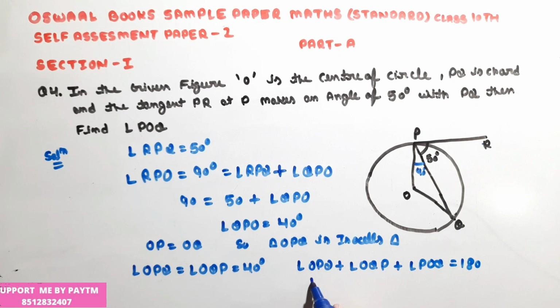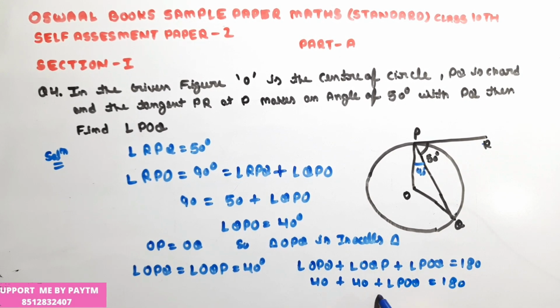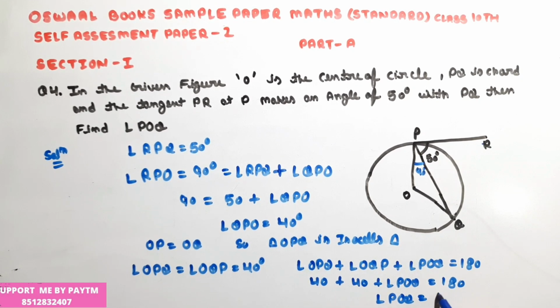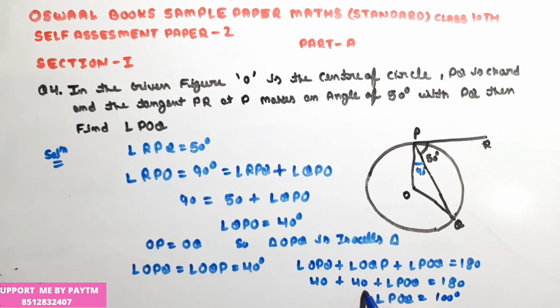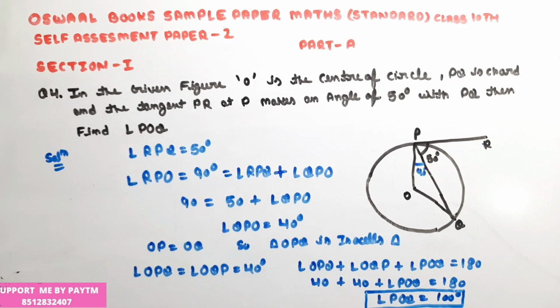OPQ is 40, OQP is 40, plus angle POQ equals 180 degree. So from here angle POQ will be equal to 180 minus 40 plus 40, that is 80, so 180 minus 80 will be equal to 100 degree. This is our answer.